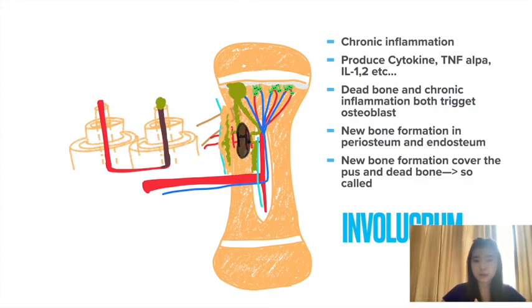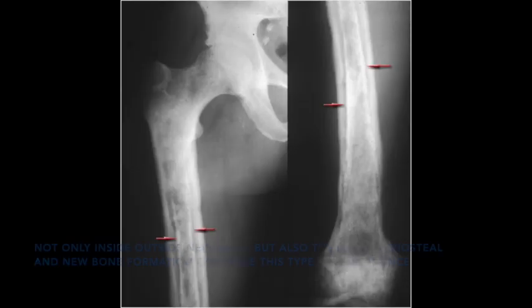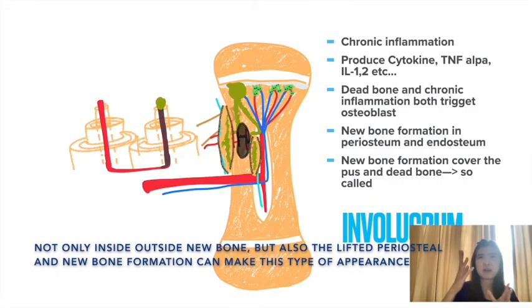And here as well. That's why we call this involucrum, the new bone formation in the periosteum. And sometimes, if you are lucky enough, you get this sign of chronic osteomyelitis with a bone-within-bone appearance, because there's a sandwich of bone outside and inside, from two new bone formations because of so much pus covering and new bone formation there.